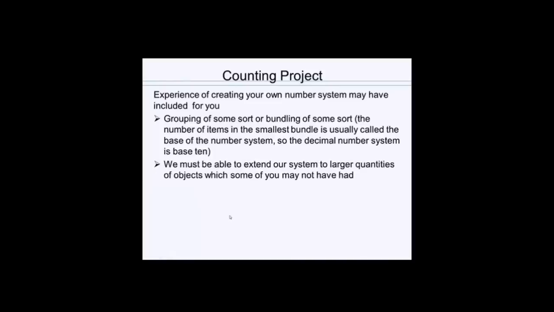We must be able to extend our system to larger quantities of objects, which some of you may not have had. In fact, some of you had difficulties extending your counting system to larger numbers because you ran out of symbols possibly. Our system must also be consistent no matter who is interpreting that system.